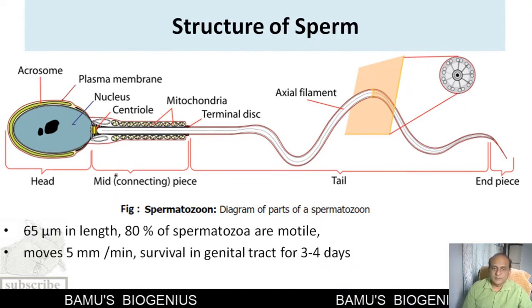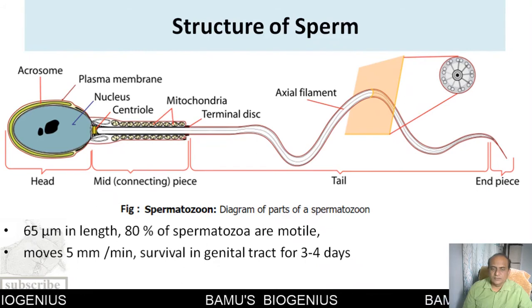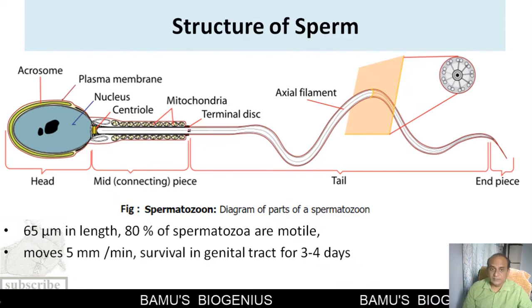After that, a mid piece is there. This mid piece contains centrioles and mitochondria. These mitochondria provide the ATP to the axial filaments so that they can move.